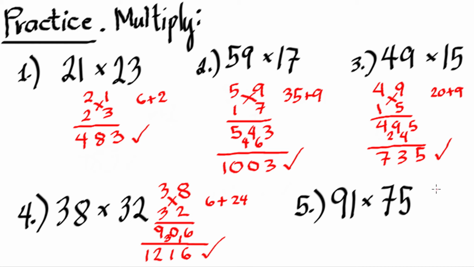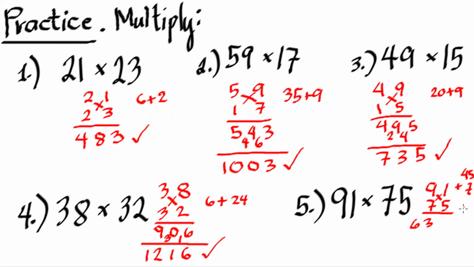Let's get into the last number then. We have 91 times 75. Now 9 times 7 is 63. Crosswise, 9 times 5, which is 45. Add that to the product of 7 times 1, which is 7.